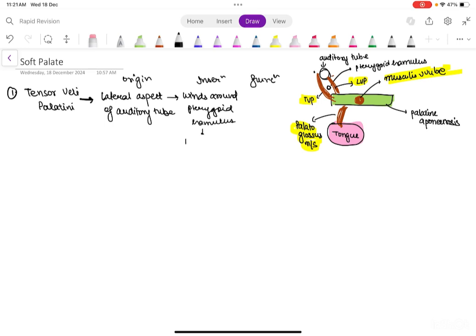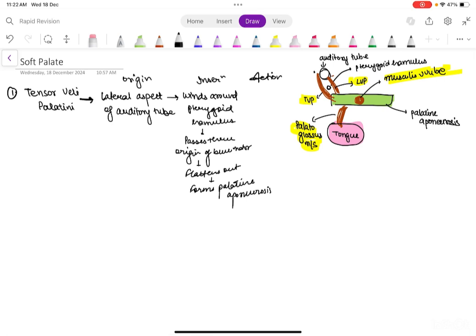Then it passes through a region of buccinator, flattens out, and forms the palatine aponeurosis. Now in the function or the action, you can remember it by the name only, tensor veli palatini.